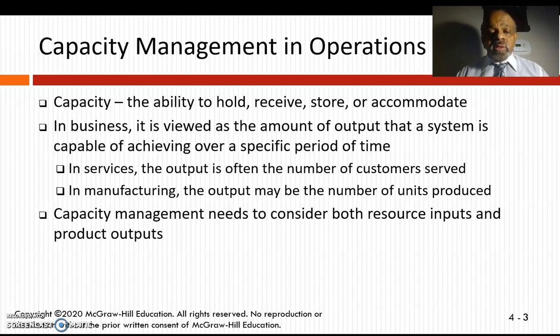In services, the output or the demand is often the number of customers served, like in a restaurant. In manufacturing, the output may be the number of units produced, like cars. Capacity management needs to consider both resource inputs and product outputs.